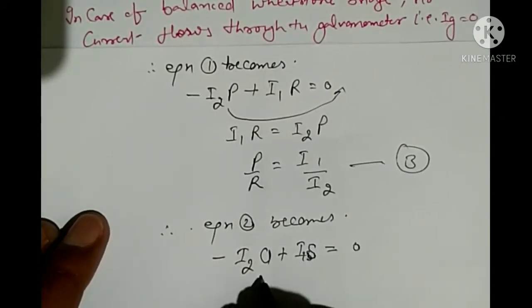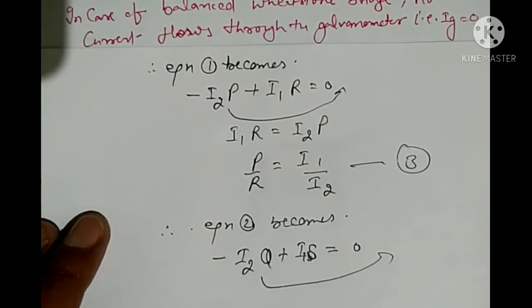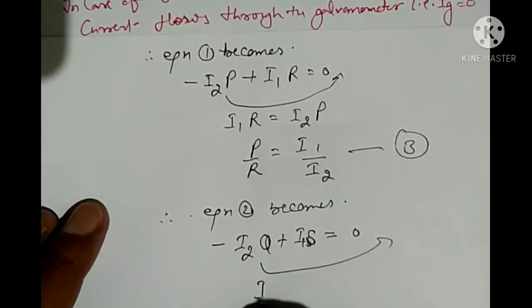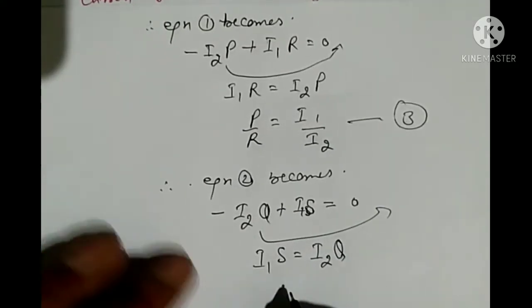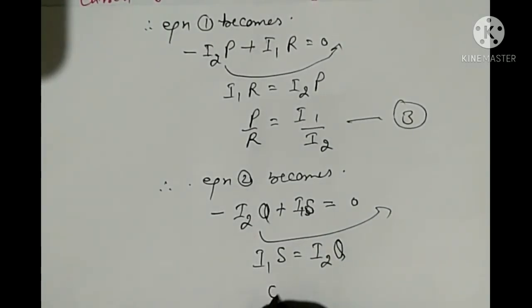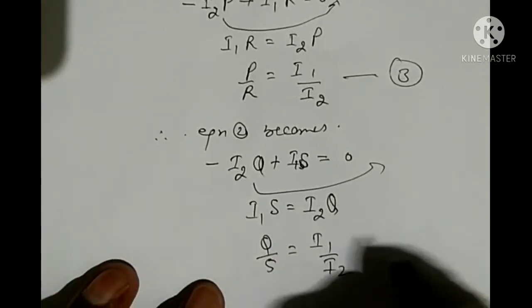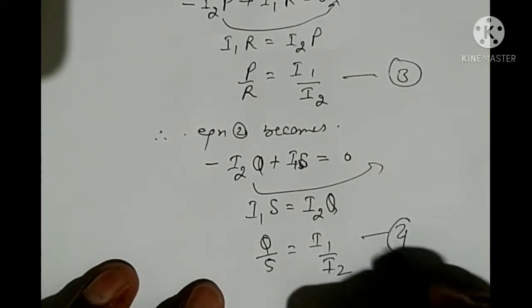Taking this to the right-hand side, we get I1 S is equal to I2 Q. So rearrange this: Q over S is equal to I1 over I2. This is equation number 4.